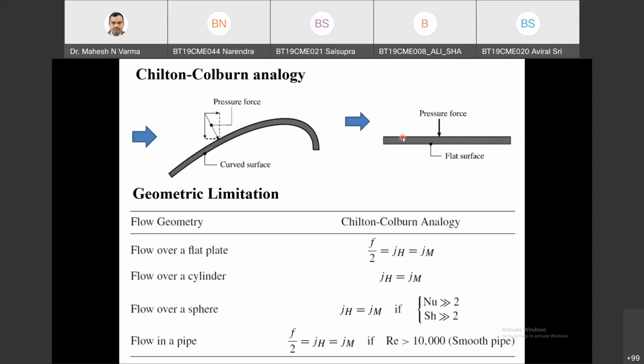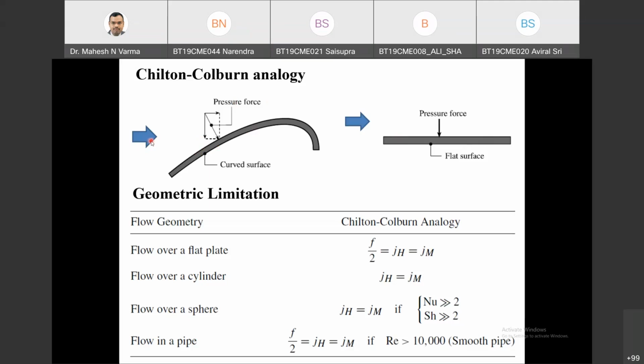But on a curved surface like this, in momentum transfer, you take a projected surface area for calculating shear stress. Exactly the same thing is done while designing, say, tall vertical vessels.